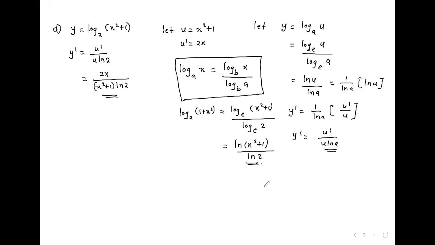Yes. Because if you differentiate this one, the ln 2 down here is just a constant. So you differentiate x squared plus 1, we get 2x, and divide by x squared plus 1.